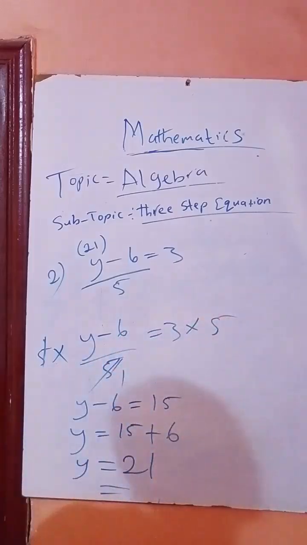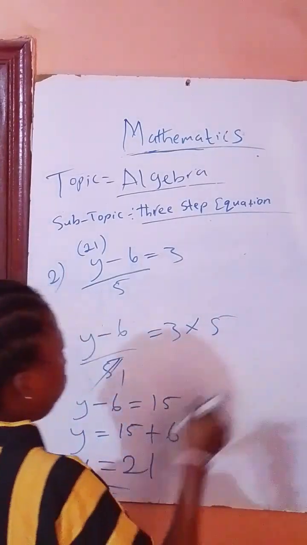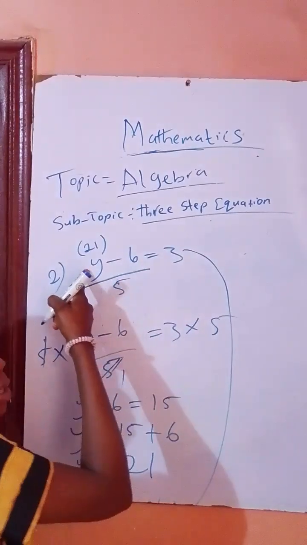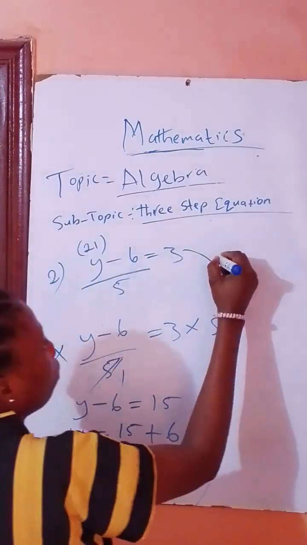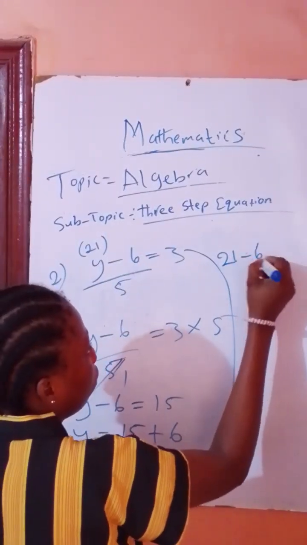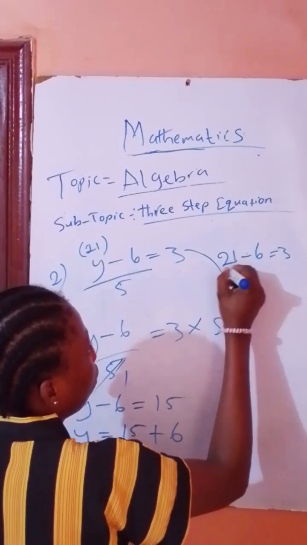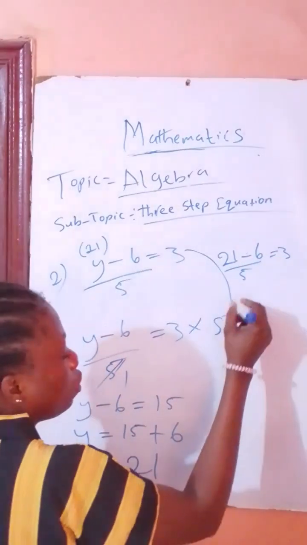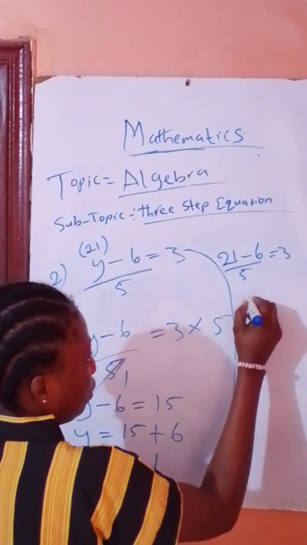Let me write it out here. Now, instead of writing y, I'll write 21. 21 minus 6 is going to give us 15.